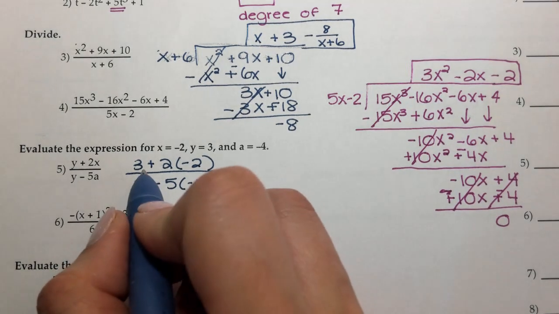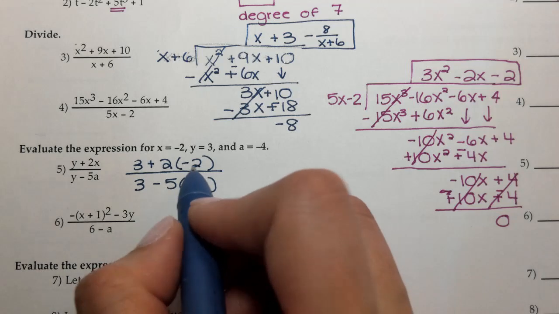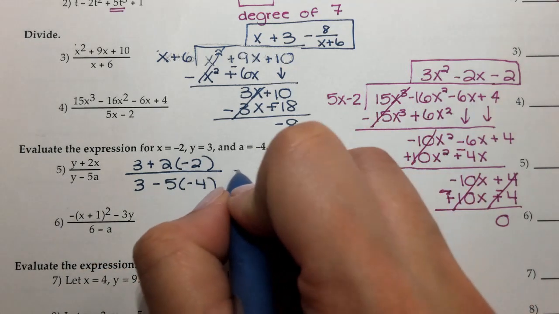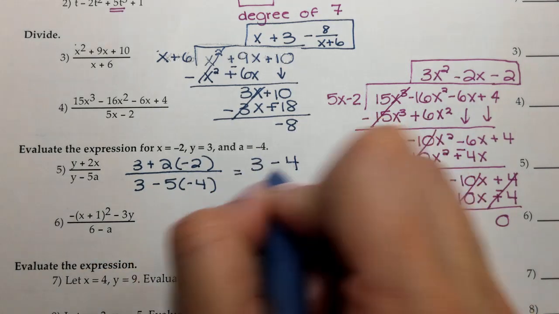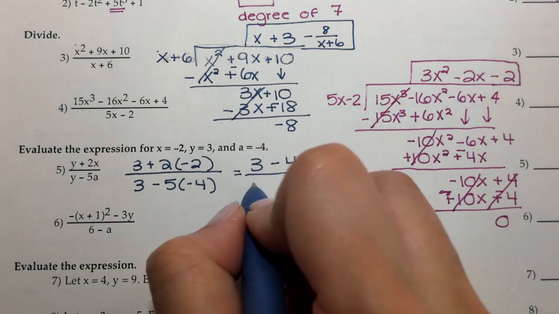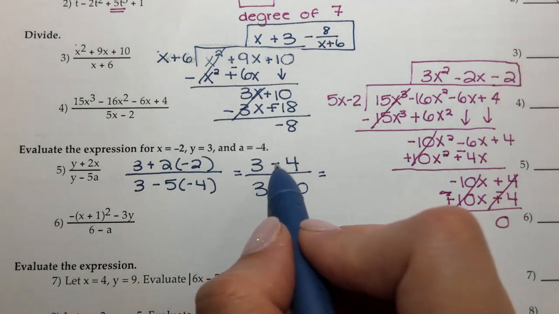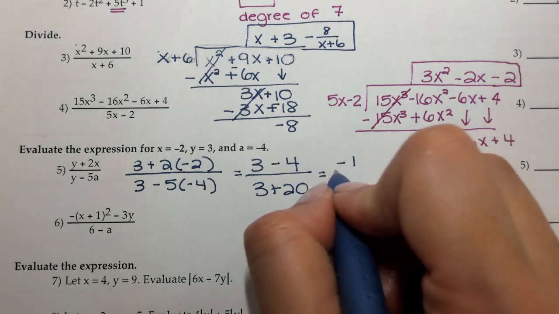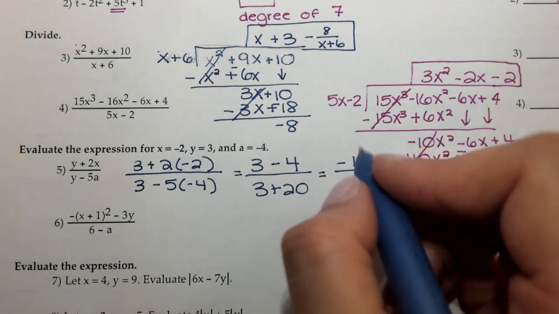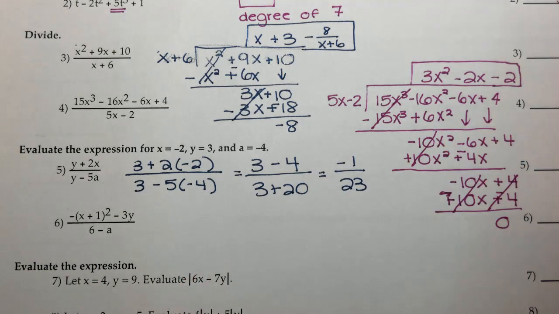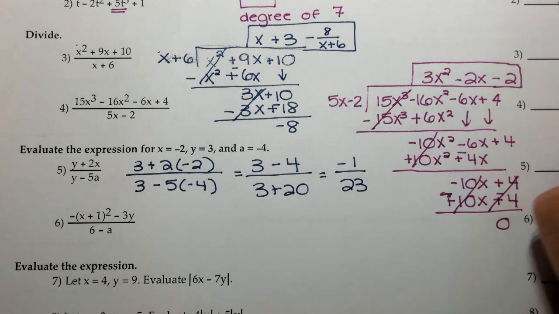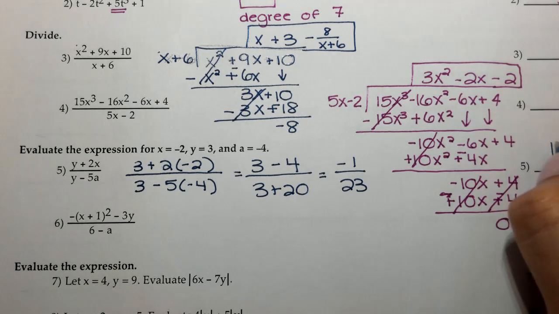So I'm going to multiply first. So this gives us 3 minus 4 on the top. On the bottom, we have 3 plus 20. So when you simplify, 3 minus 4 is a negative 1 over 3 plus 20 is 23. So your final answer is negative 1 over 23.